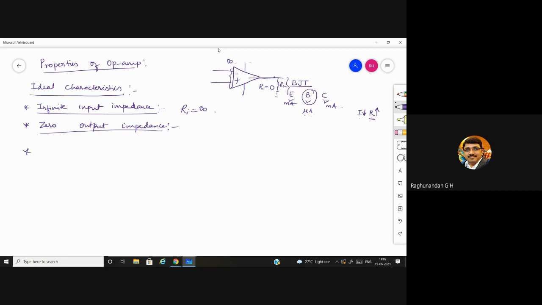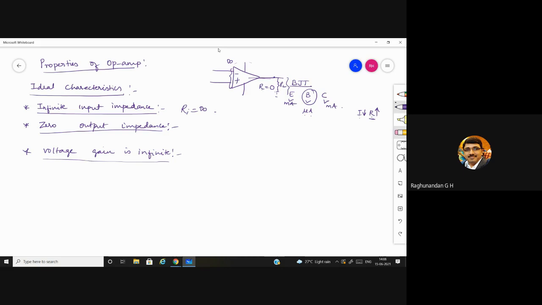Next is the voltage gain. Voltage gain is infinite. That means even if you give a very small amount of input, the output will be maximum, or even if the input is zero, it is going to give the gain.